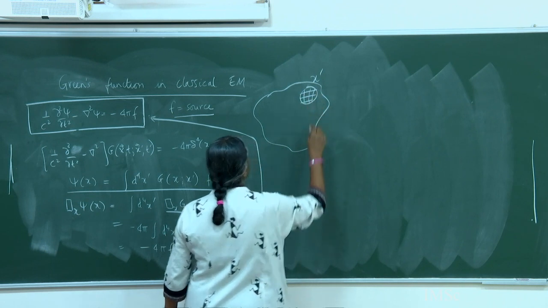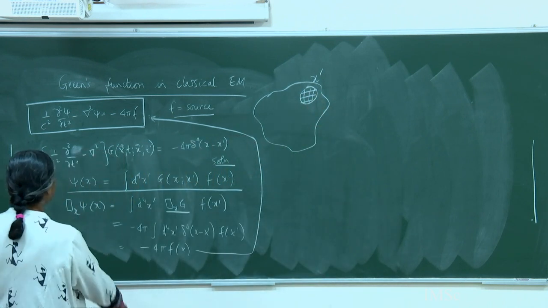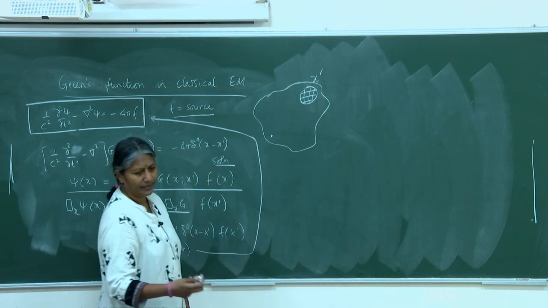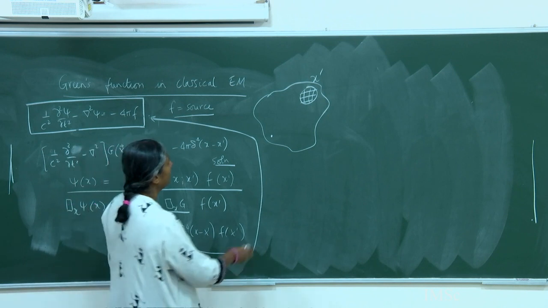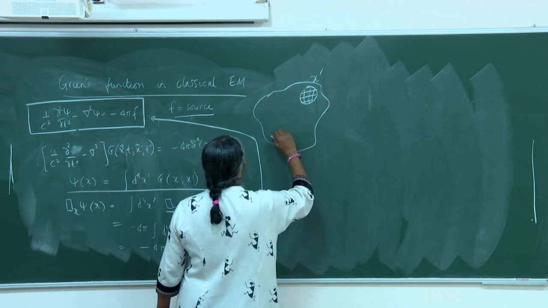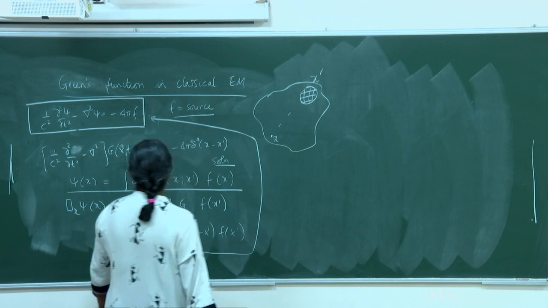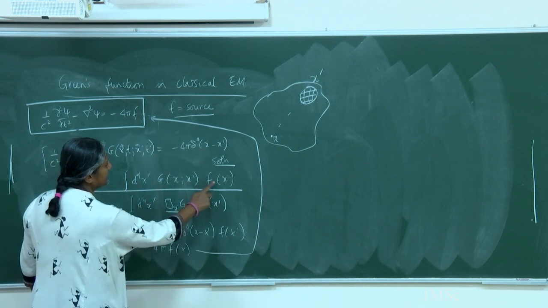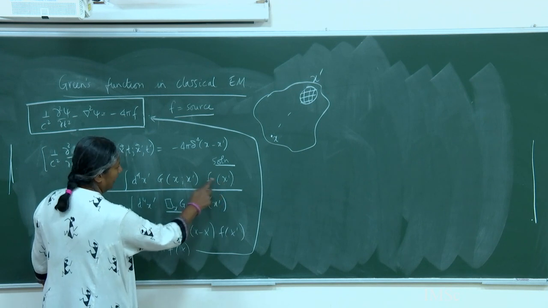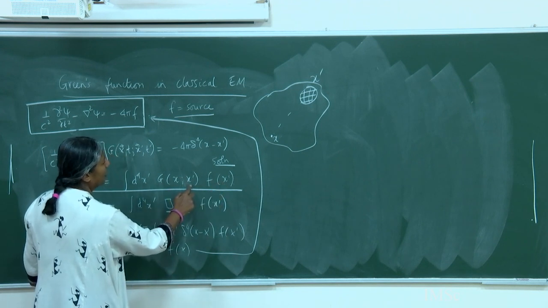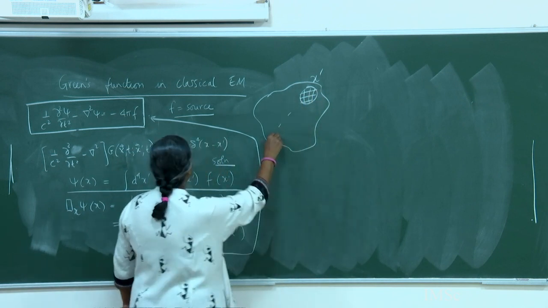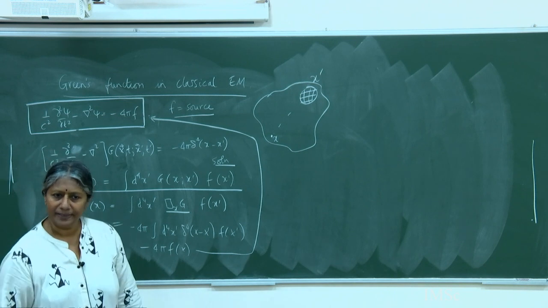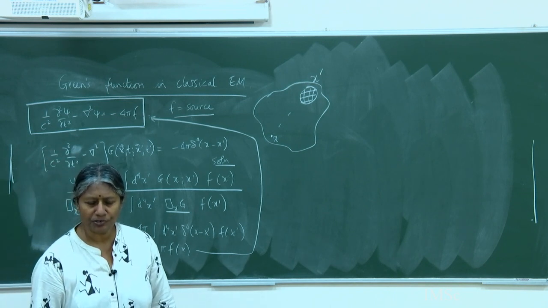Let us say it is either rho or j, and I am asking what is the field, which is either phi or vector A, at a point x due to this source, right? So you can see now why this notion of propagator comes. This information about the source is carried by this propagator from the point x' to the point x and determines what is the solution at the point x. Is this clear? What is the role of this Green's function?